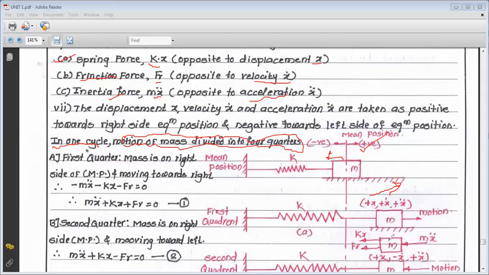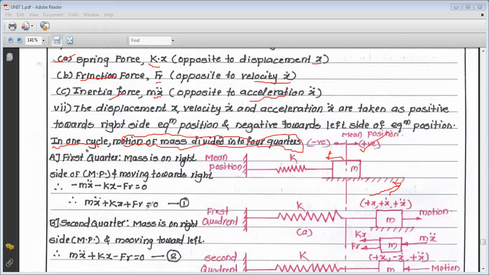So we can write minus m x double dot minus kx minus Fr, according to D'Alembert's principle, that the summation of all inertia forces plus external forces is equal to 0. Therefore, minus m x double dot minus kx minus Fr equals 0. From that we get m x double dot plus kx plus Fr equals 0. Now what is the first quarter condition?